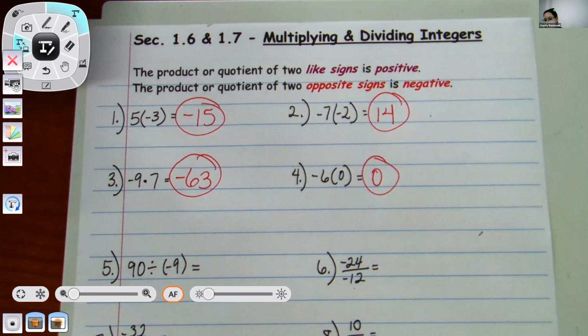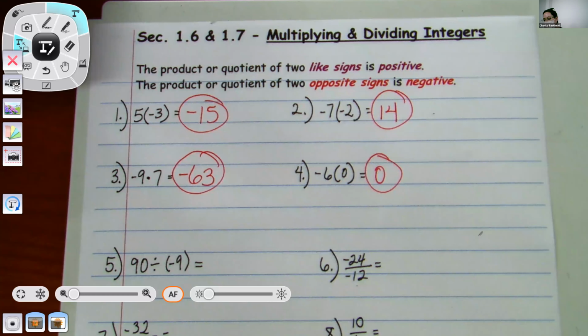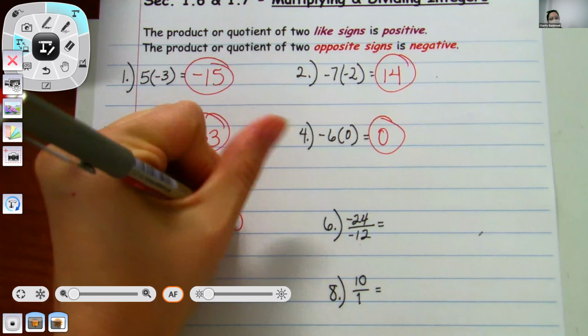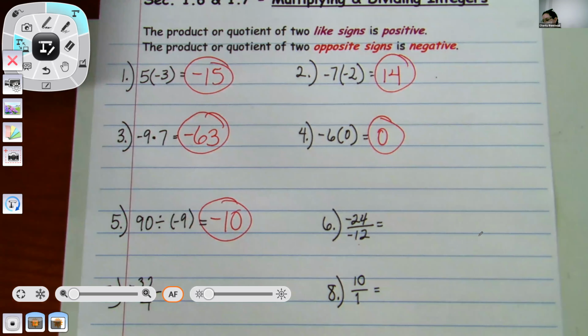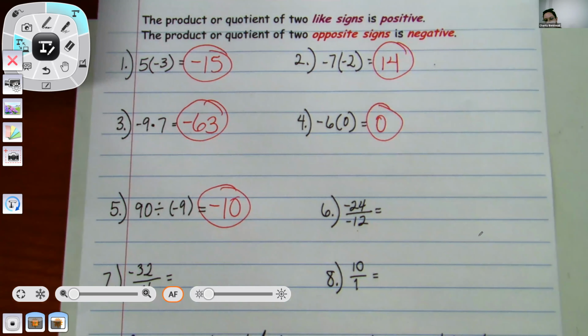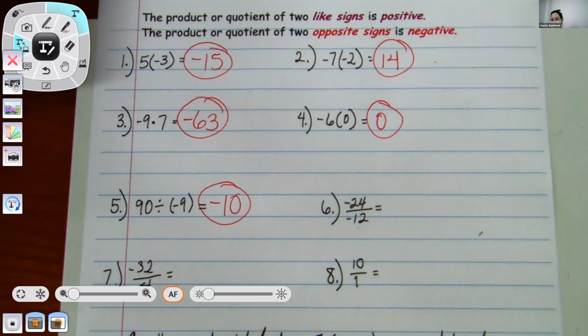And then 90 divided by -9, so that's going to be -10. Number 6 says -24 over -12. That is the same thing as saying -24 divided by -12, so that's going to equal +2.